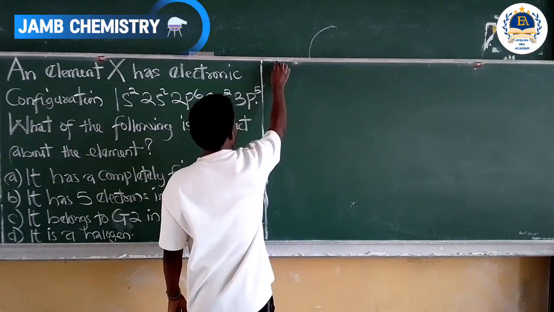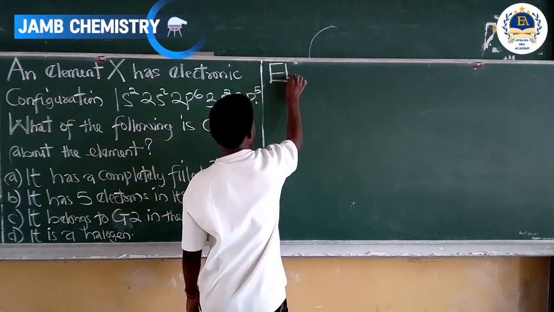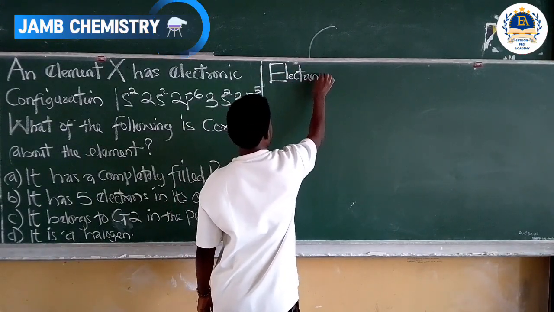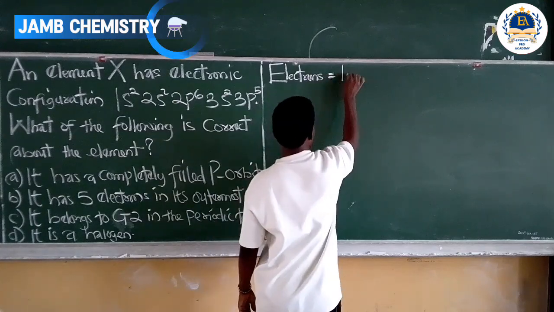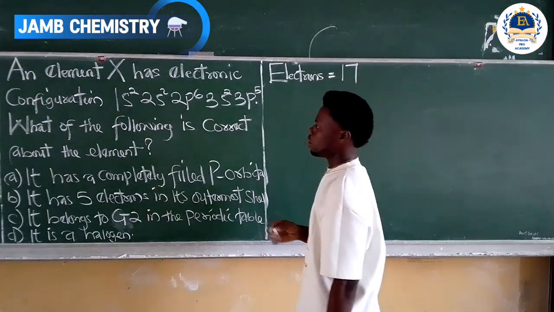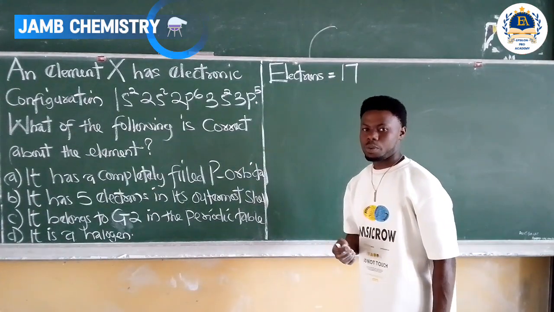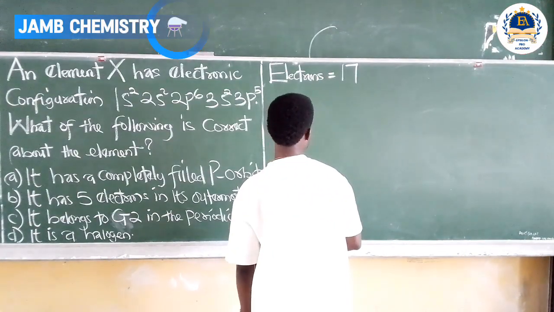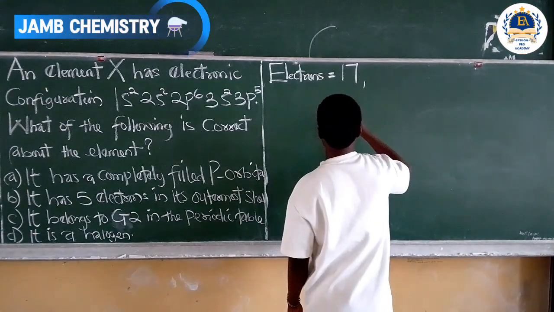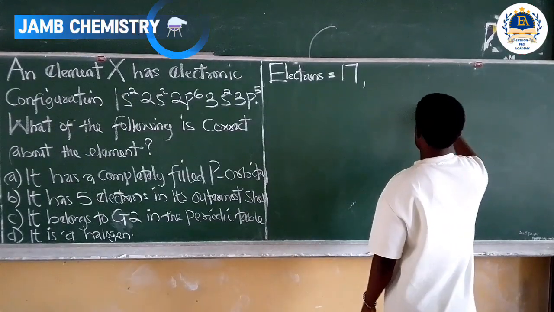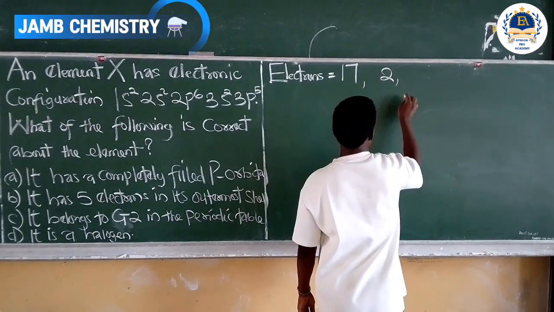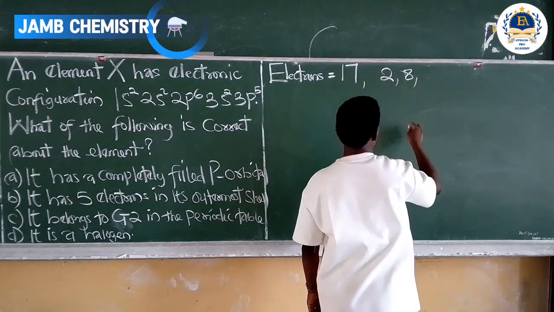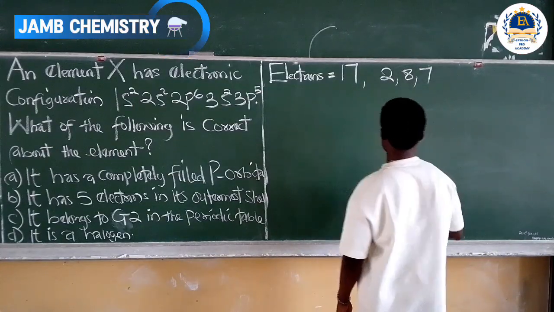So we have a total of 17 electrons. Let us determine the group and the behavior of this element. To determine the group, we write the electronic configuration 2, 8, and 7, that is 17.